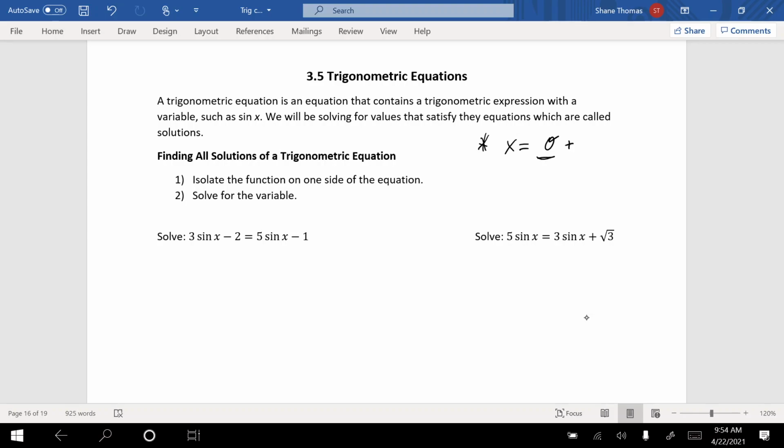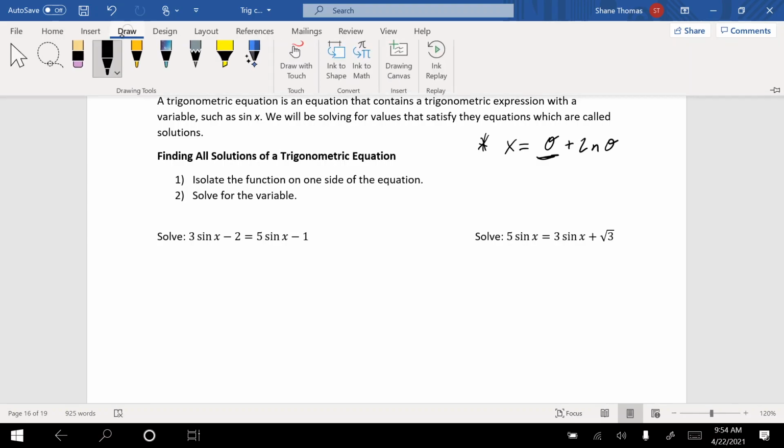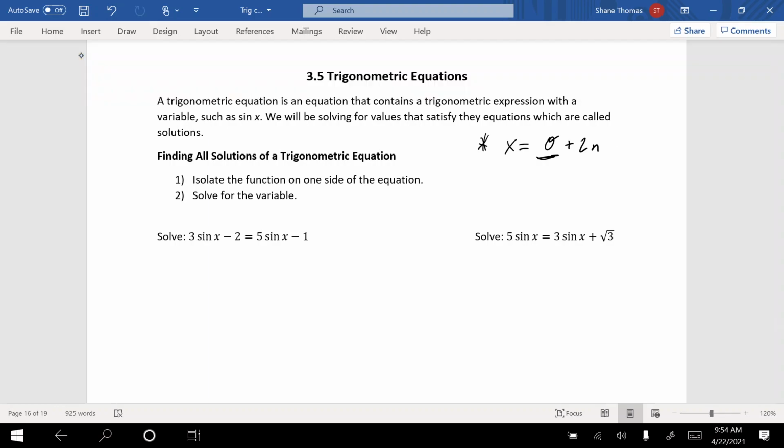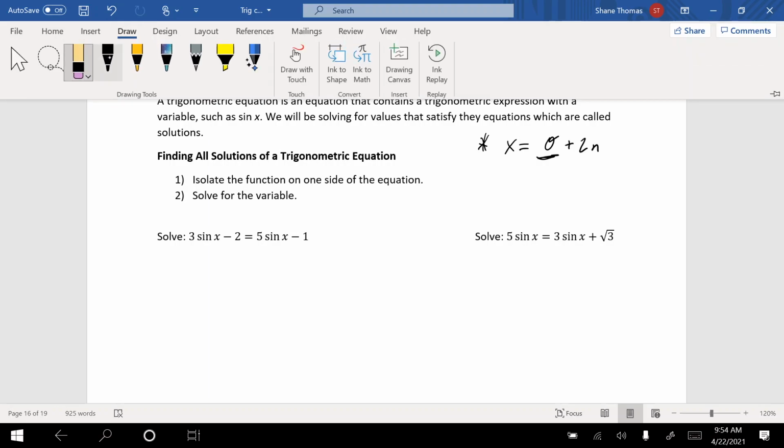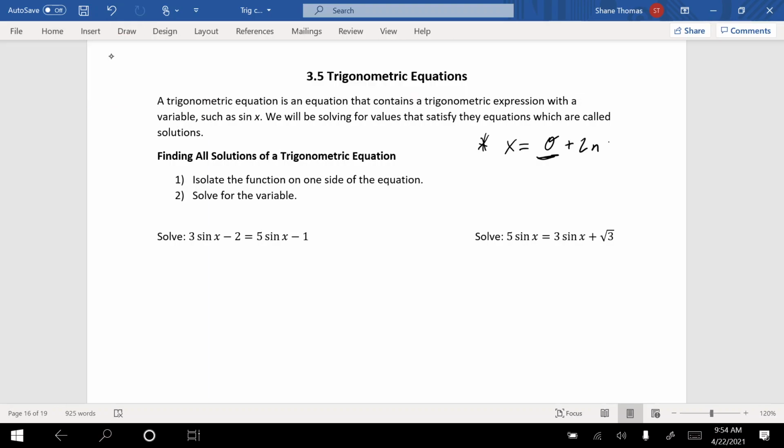So any value that I get here, I'm also going to put 2 n pi on theta. Because if I add 2 pi onto the original one, I'm going to have the same answer. If I add 5 times 2, that's 10 pi, and 10 pi would be the same answer, and so on and so forth.